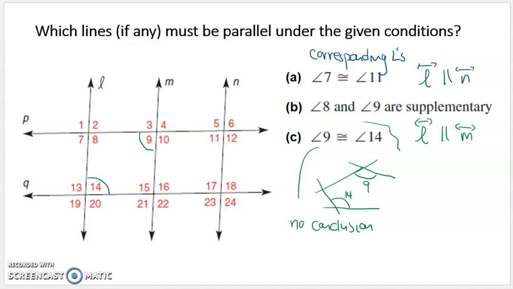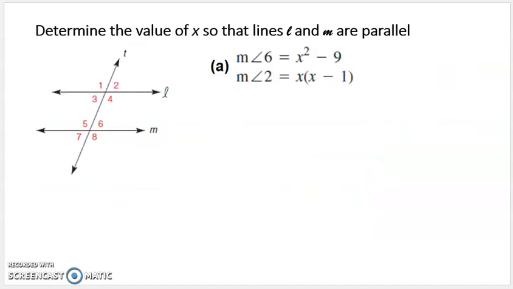So let's finish up with a couple problems where we are given a situation, a transversal T that intersects lines L and M. What do we need to know about angles 6 and 2 for L and M to be parallel? So here's angle 2 and here's angle 6.